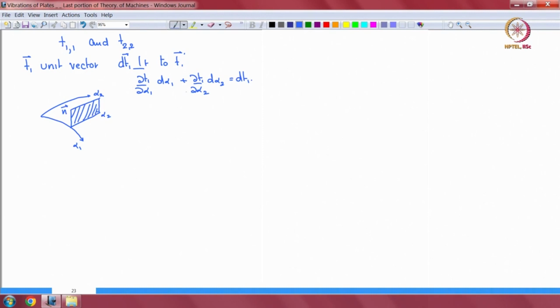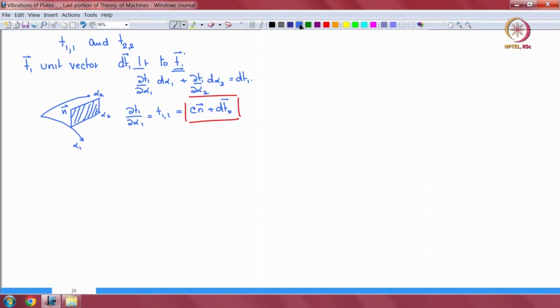It cannot have a component in T1 direction. So, del T1 by del alpha 1, which is T1 comma 1, is equal to C n plus D T2. So we have to find C and D.